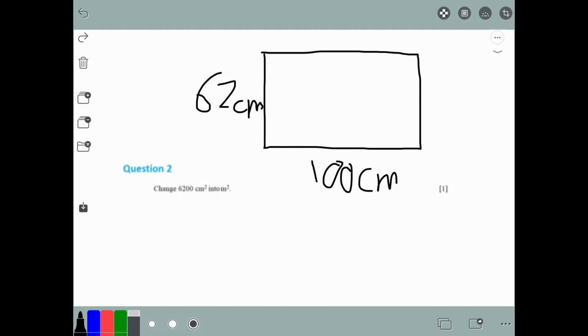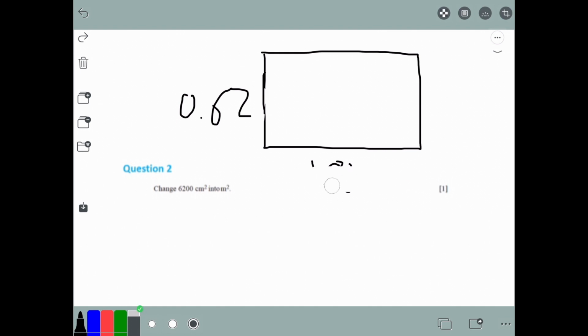If we convert these values into meters, it becomes a 0.62 by 1 meter rectangle. And if we multiply these two to get the area, we see that the area in meters squared is indeed 0.62.